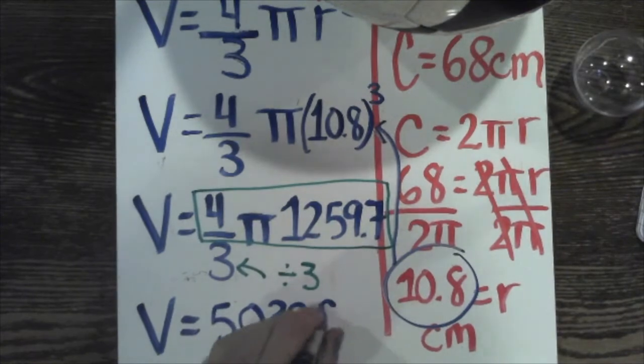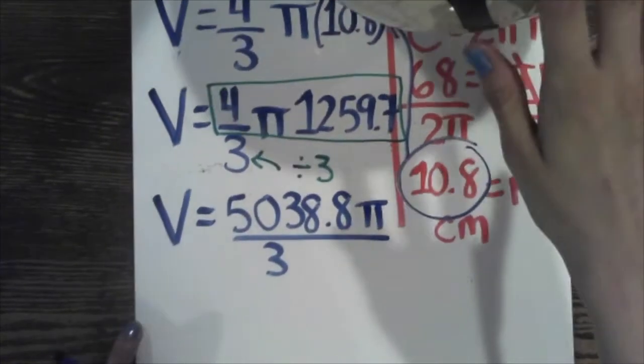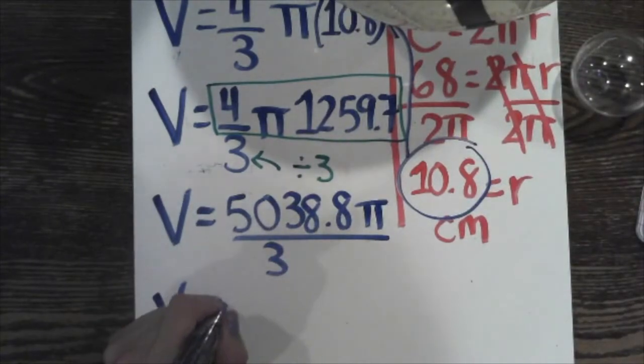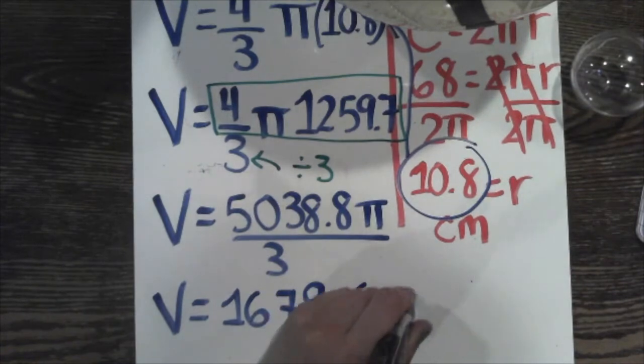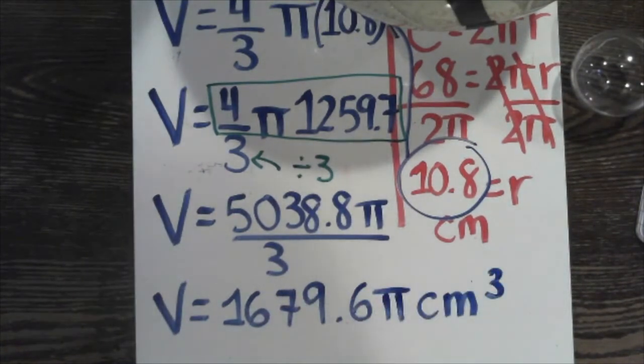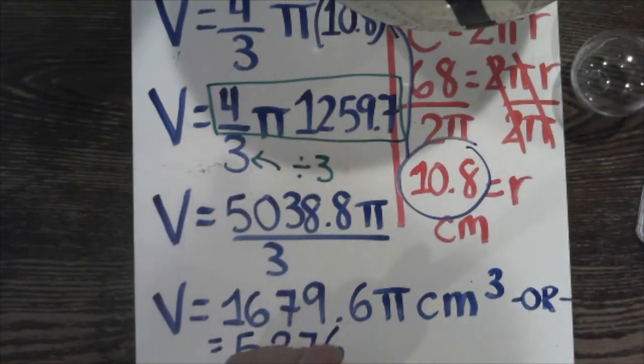And divided by 3, I get my volume, which is 1,679.6 pi cubic centimeters, or I can also multiply by pi, and when I do that, I get 5,276.6 cubic centimeters. Both of these answers are correct.